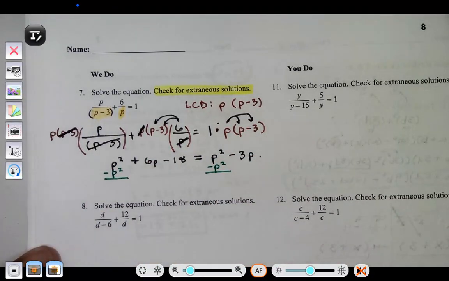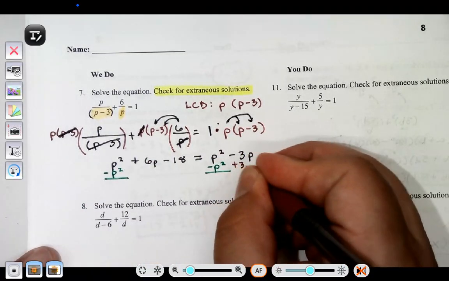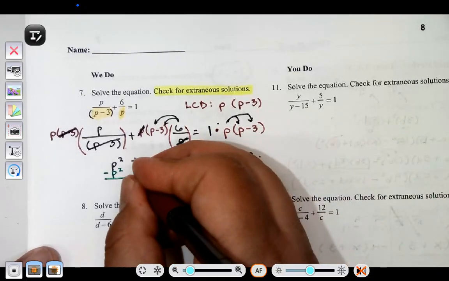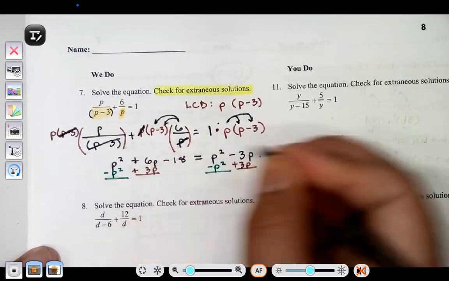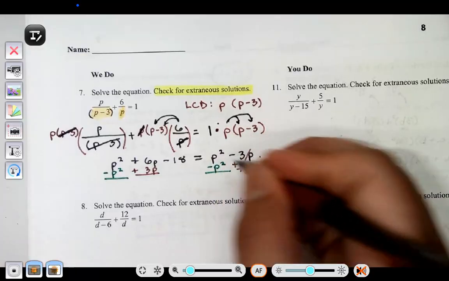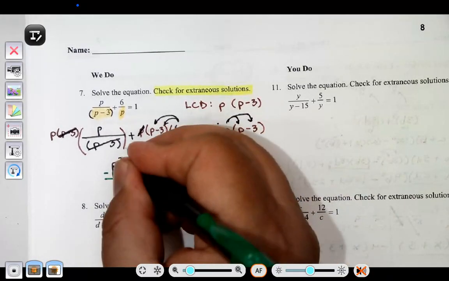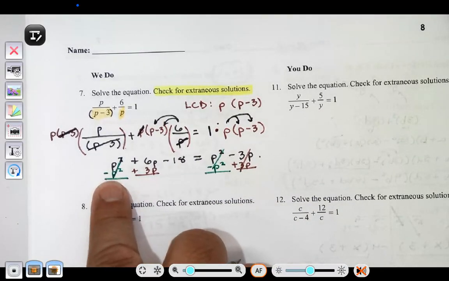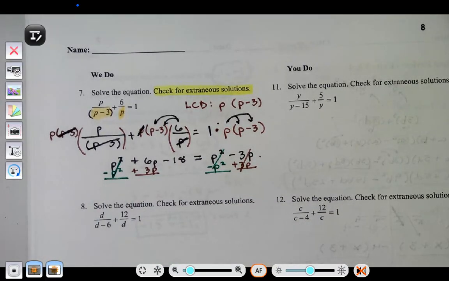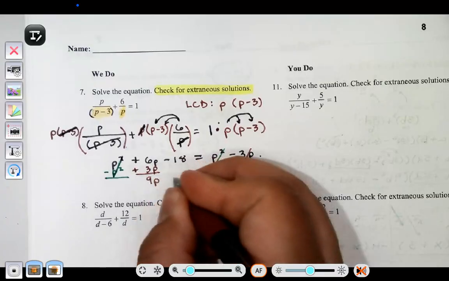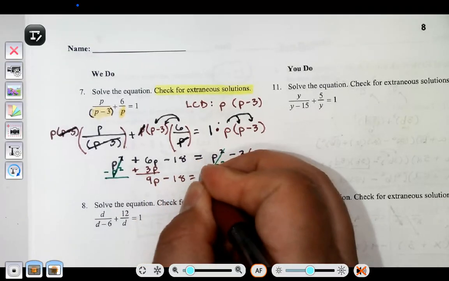And then, of course, I will add the 3P because I do need to equal 0 here. That's what we normally do when we have a quadratic. But then the nice thing about it is the quadratic actually disappears on us. And it leaves me with 9P minus 18 is equal to 0.